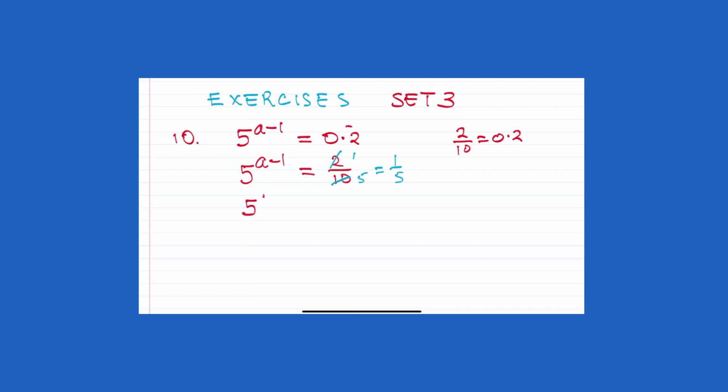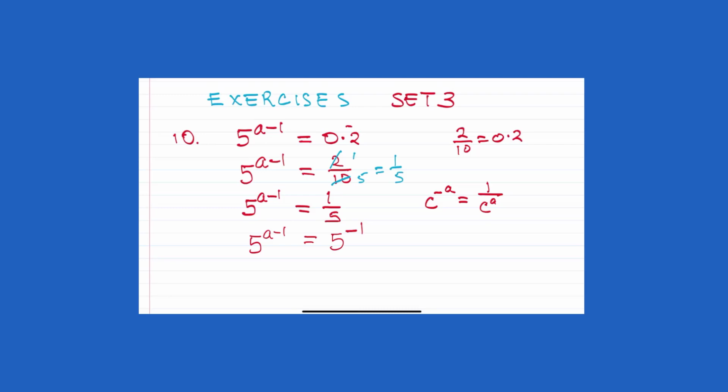So we have 5 to the power of a minus 1 equals 1 over 5. Remember the rule where we have c to the power of minus a, we have 1 over c to the power of a. So in this instance, we have 5 to the power of a minus 1 equals 5 to the power of minus 1.